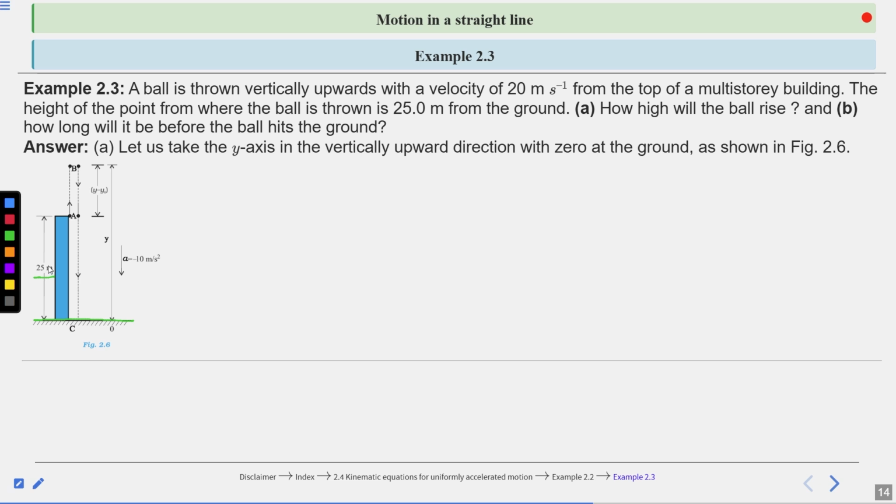According to the question, the height of the point from where the ball is thrown is 25 meter, meaning from point A. So when the ball is thrown from point A in the upward direction, the ball reaches B. This is the maximum height.